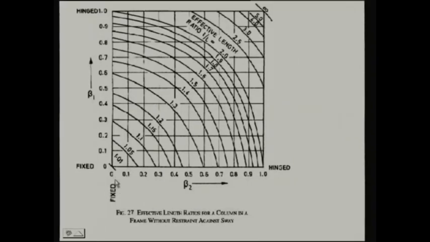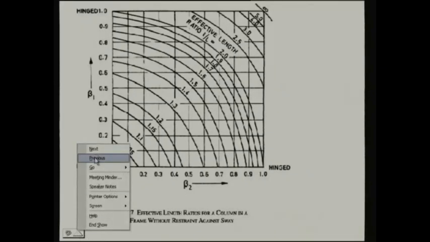For that case you will find that the ratio is more than 1, going up to infinity. But here the case we have considered is without sway, there is no sway.